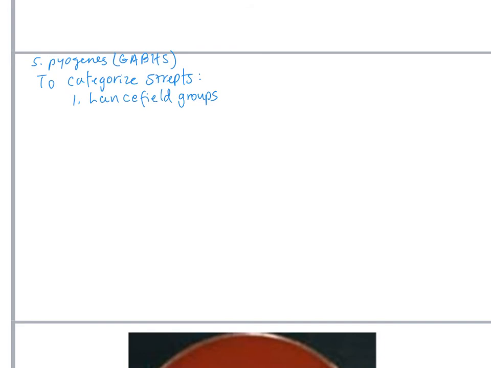She was a researcher in the 1920s, I believe, and she discovered that most of the streps have these sugars on the outside of the cell, and that she could split up the streps based on what kinds of carbohydrates they had.